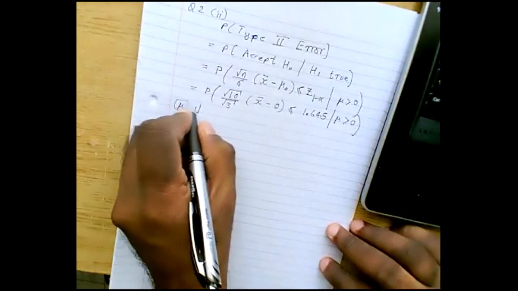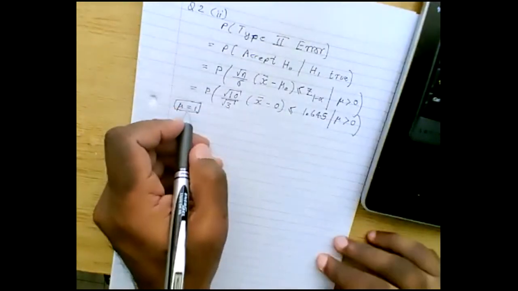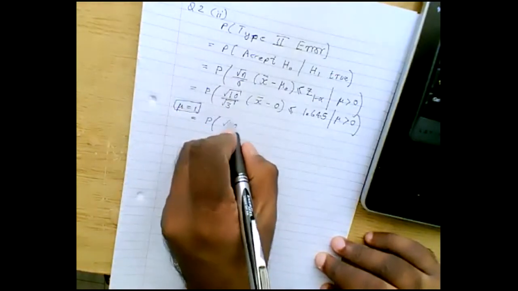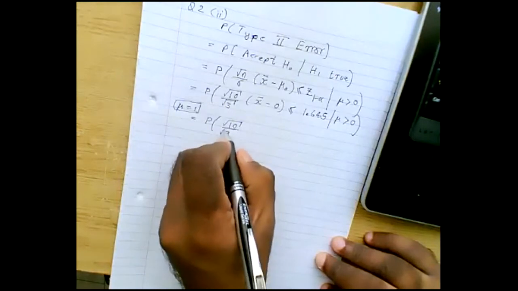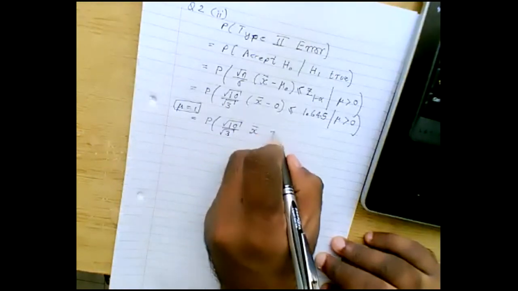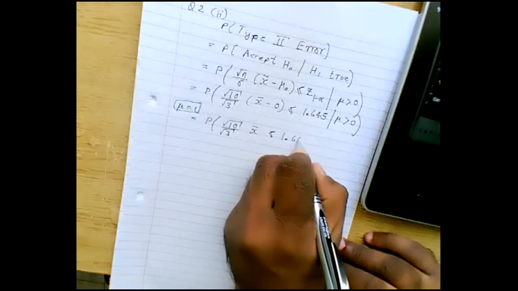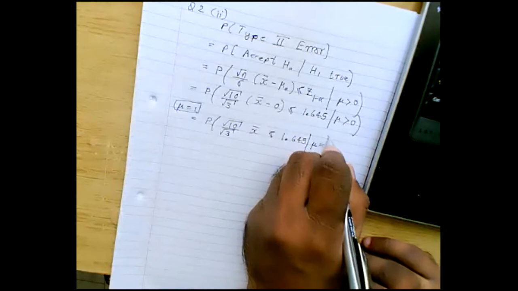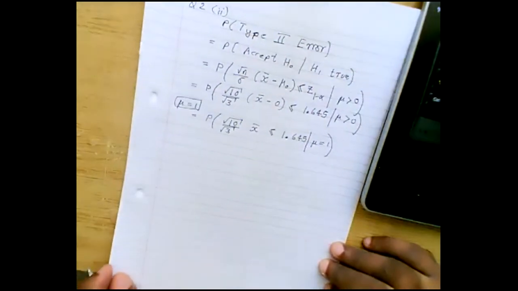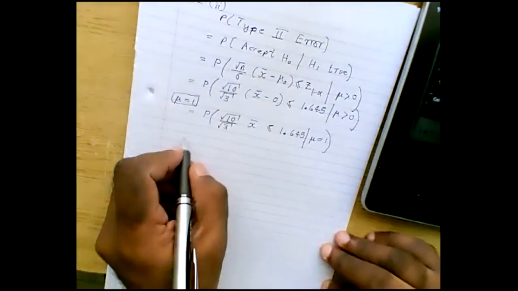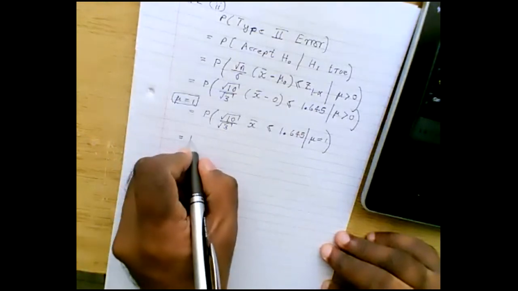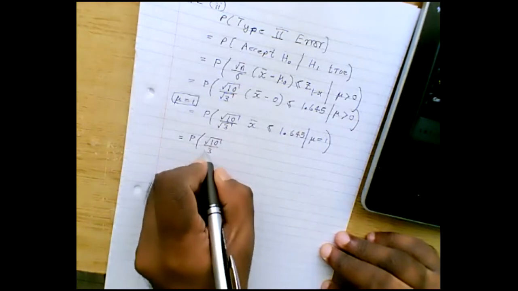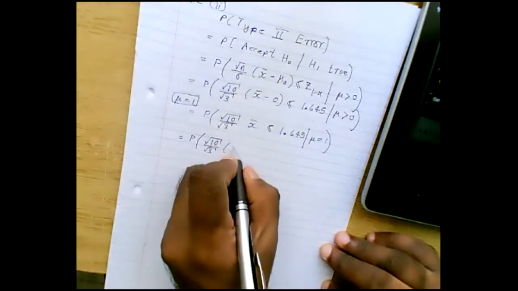In this case, this probability becomes like this. In the next step, I'm going to apply a trick. I think I did this yesterday too. What I'm going to do is write X bar as follows.